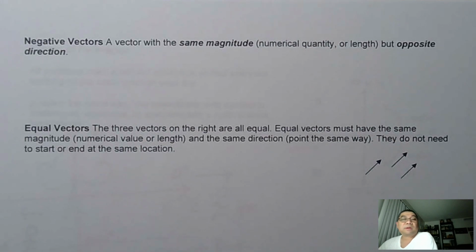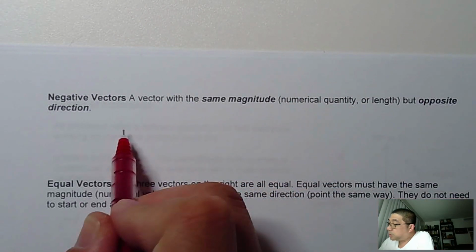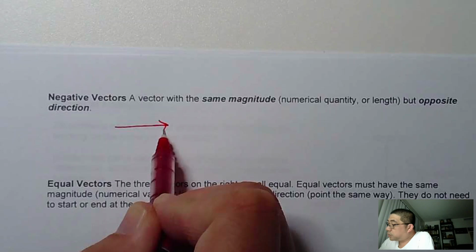Negative vectors: a vector with the same magnitude, numerical quantity or length, but opposite direction. So, for example, I have this vector.